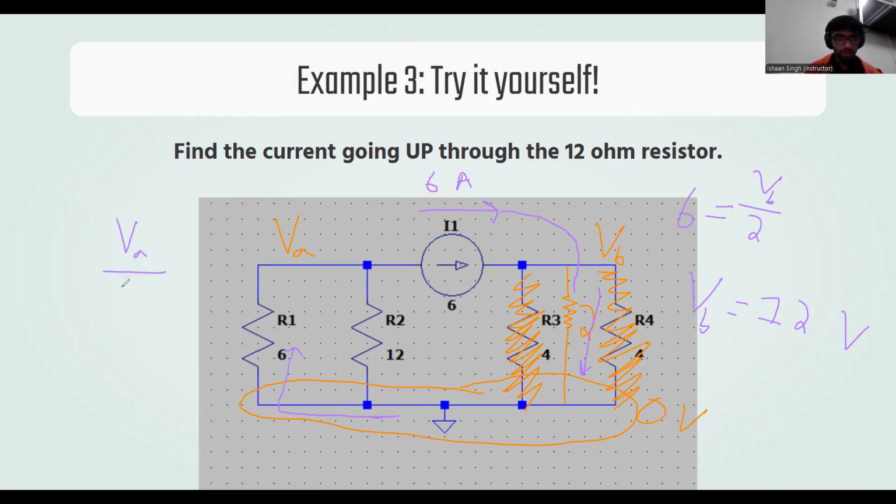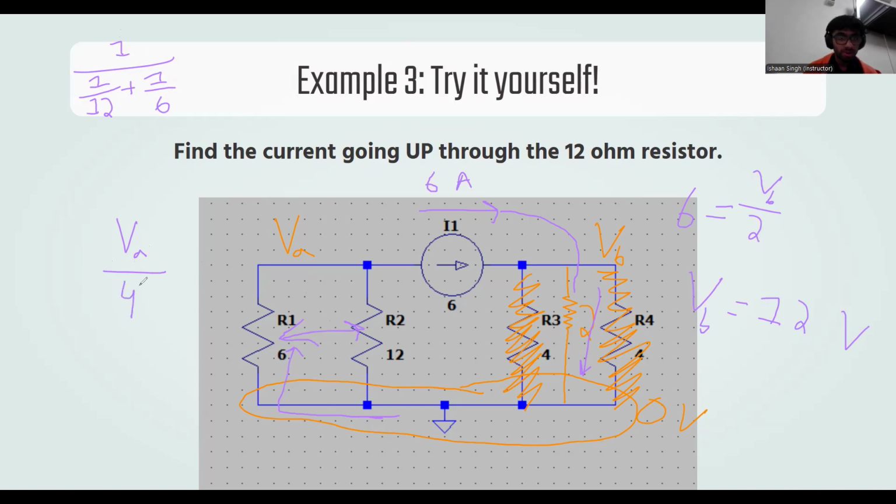over what? What is the parallel combination of these two resistors? Someone tell me in chat. 4. Yeah, it's 1 over 12 plus 1 over 6, and if you do the math, that comes out to 4.